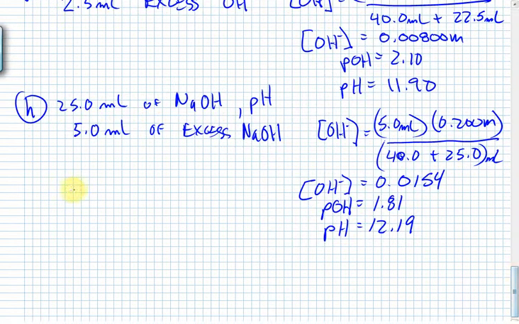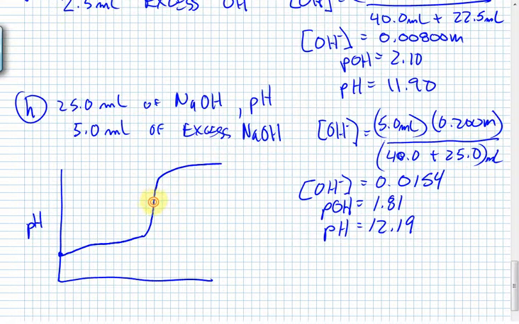Four regions in a pH titration. We've got the initial pH. That's a weak acid problem. We've got what we call the buffer region. That's before we get to the equivalence point. Then we've got that big transition point. We've got the equivalence point. So this is our buffer region. Over here, HA is being converted to A minus.